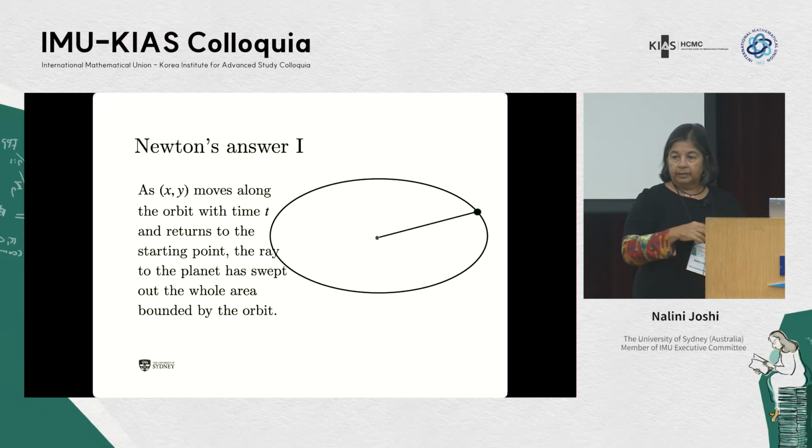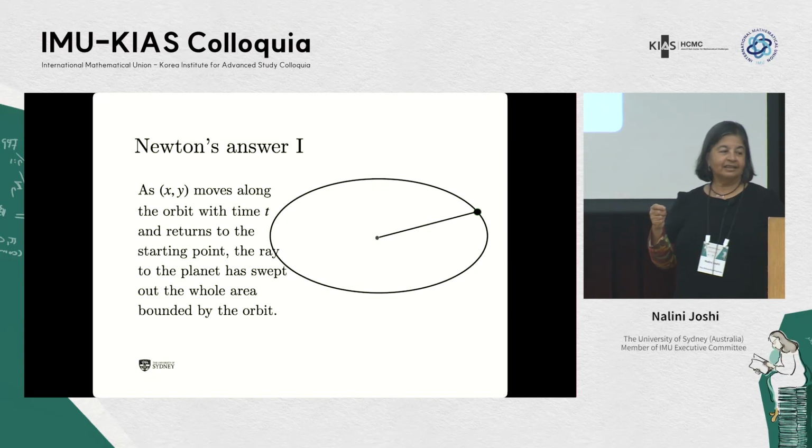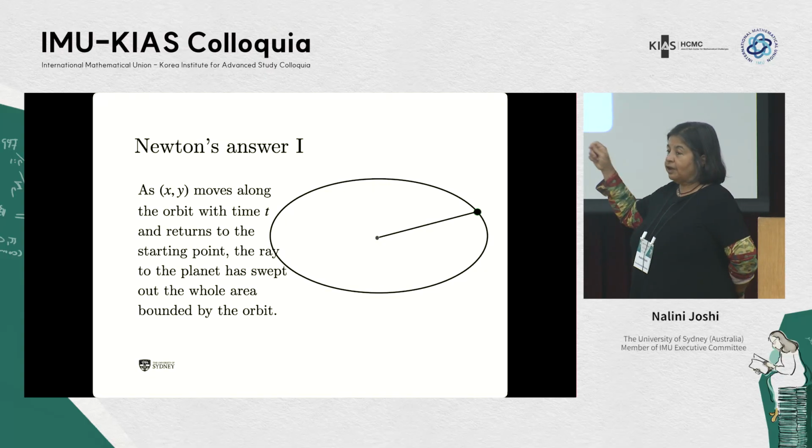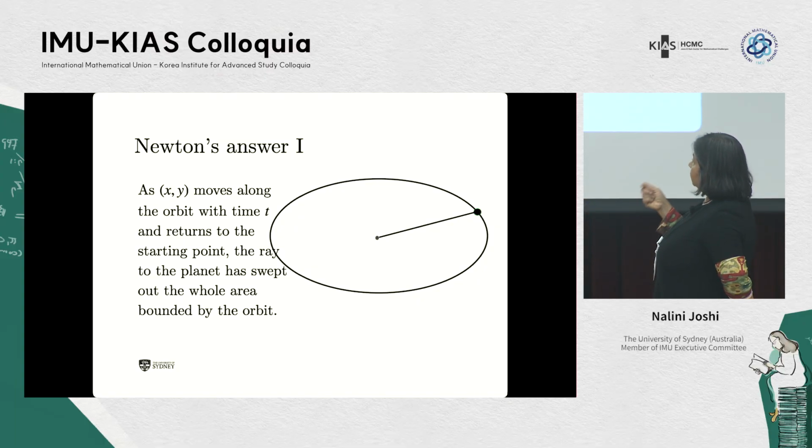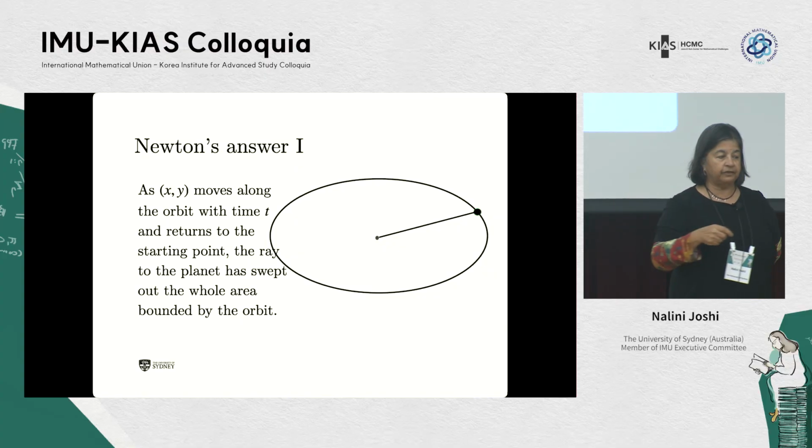And the planet doesn't stop there. It keeps going. Each time it sweeps out a year around the sun, the area and the arc length will increase again. And then again and again, each time it repeats the orbit.